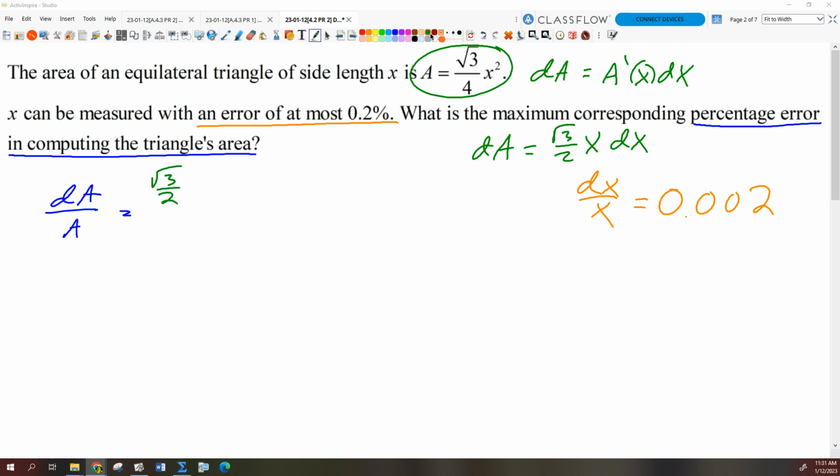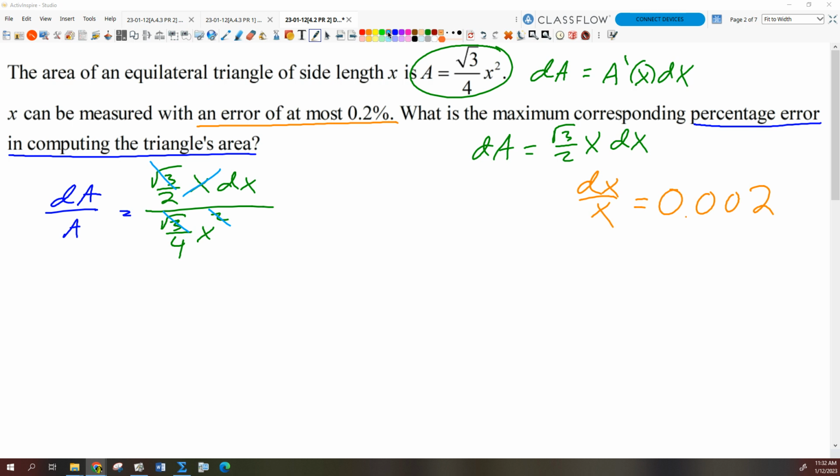So dA equals square root of 3 over 2x dx divided by A, which is equal to square root of 3 over 4 x squared. Okay, we get some cancellation, right? We cancel 1 x, we cancel the square root of 3's in the numerator, and I get 1/2 divided by 1/4, which is 4 over 2, right?